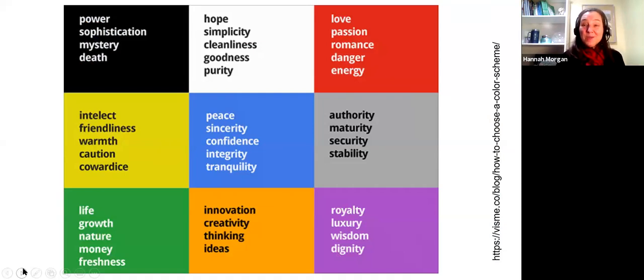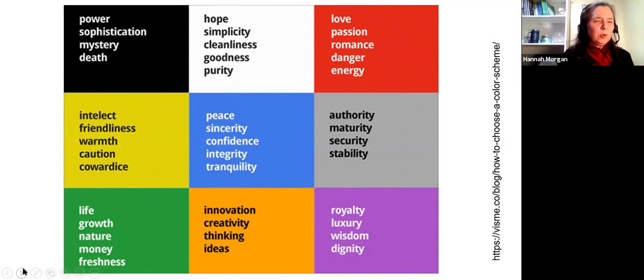But what I know is that colors mean something, right? So when you think about this, you're going to pick 2 colors, maybe 3, but probably just 2. Each color represents something. So if you're using a lot of red, that's hot. That's love, passion, romance, danger, energy. You want to use red very on purpose, right?